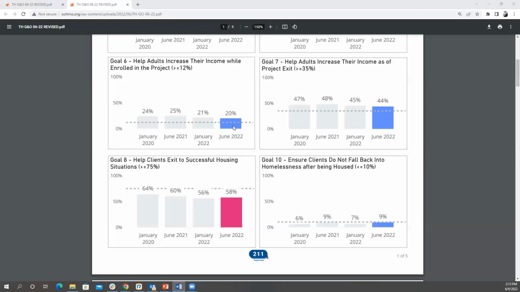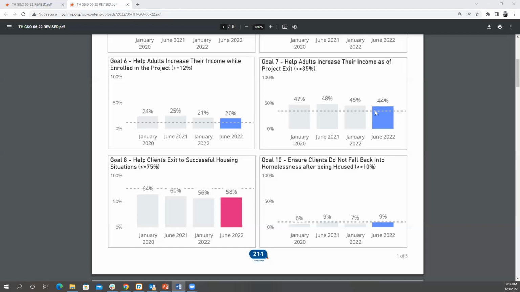Anyone else? So yes, there is a little bit of decline. However, even with the increased thresholds, we would still be meeting all of these.